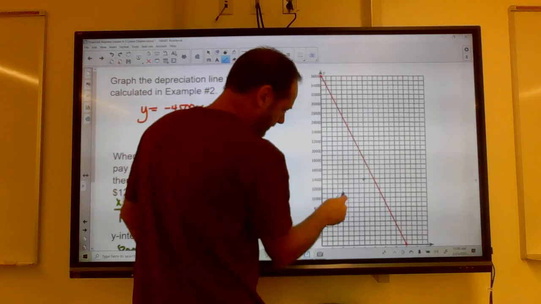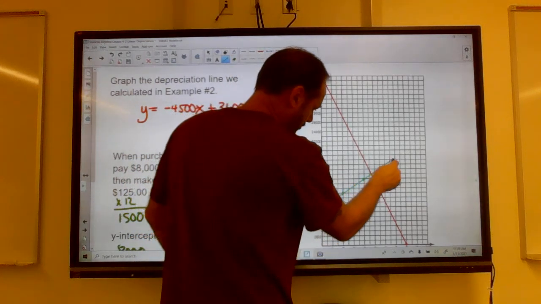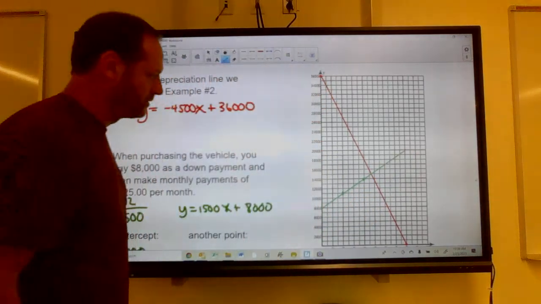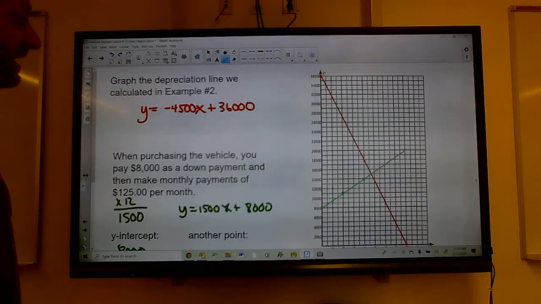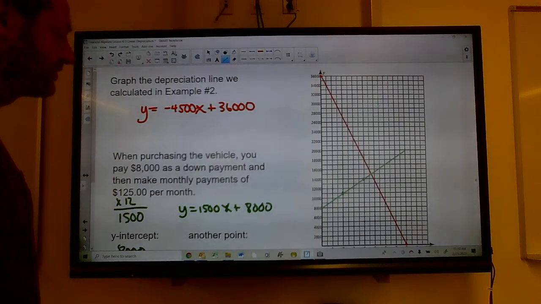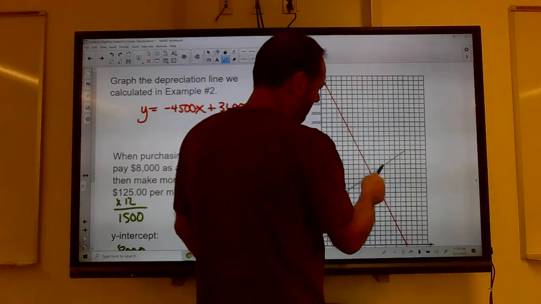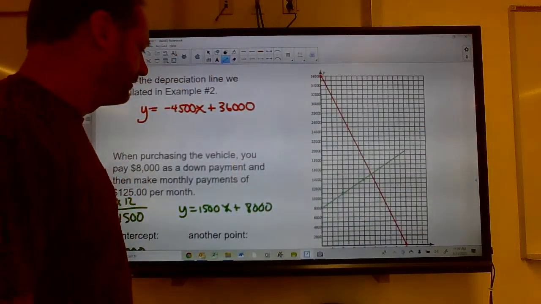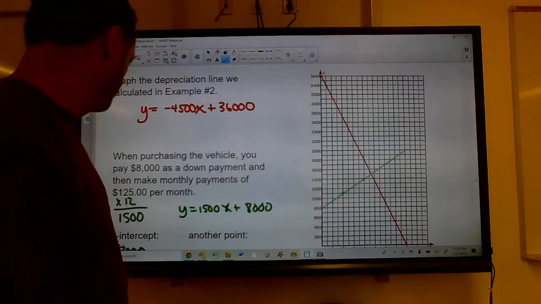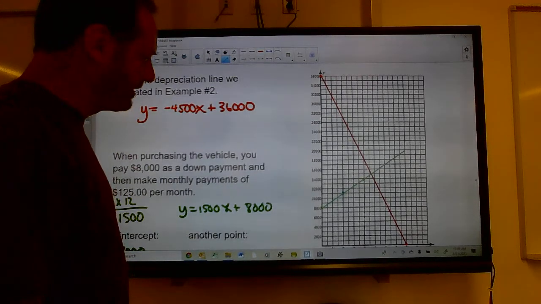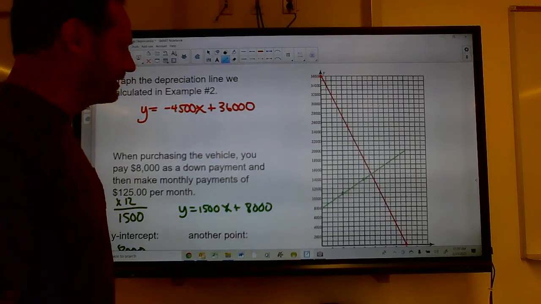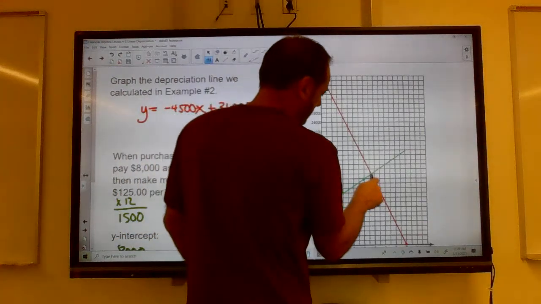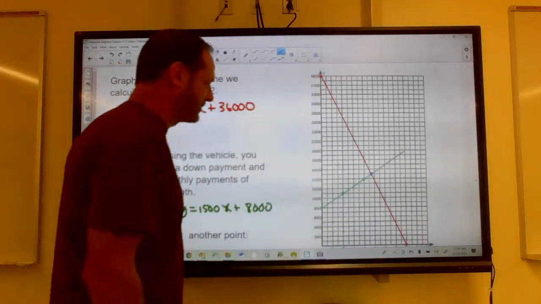This line's going to be like this. Okay, so this vehicle depreciates so fast. I'm going to be paying for this forever to pay it off with those payments, and the value is not going to be there. So this would be a car that you would definitely want to get rid of before you pay this thing off.